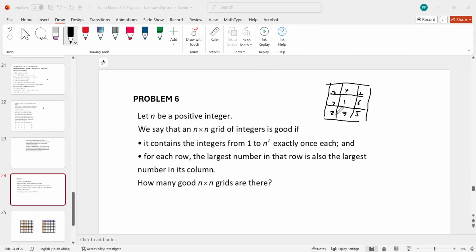Okay, so what I'm going to do is try to construct these grids. So suppose I want to construct a 3 by 3 grid.